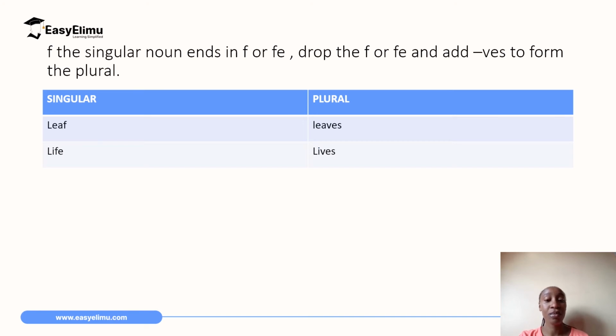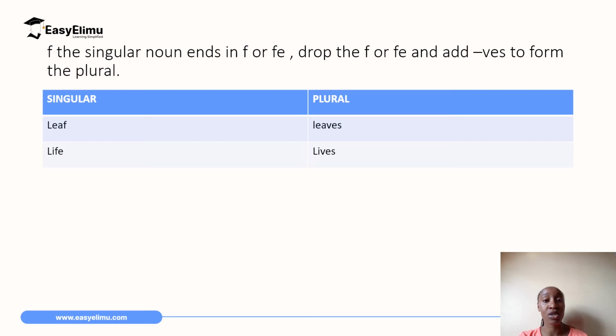For example, leaf ends in an F, so you drop the F and you add VES to form leaves. Life ends in an FE, so you drop the FE and you add VES to form lives. So that's it for countable nouns.